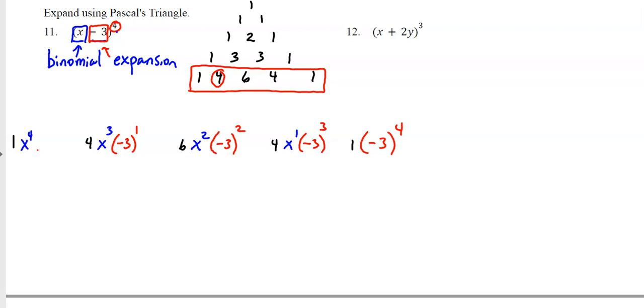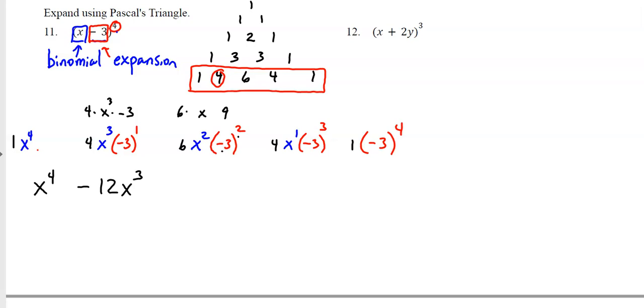And now I got to go through and clean this up. So 1x to the fourth. Well, over here, a negative 3 to the first power, that's just negative 3 times 4 times x to the third. So that's a negative 12x to the third. Negative 3 squared, I'm doing my exponents first, that's 9.